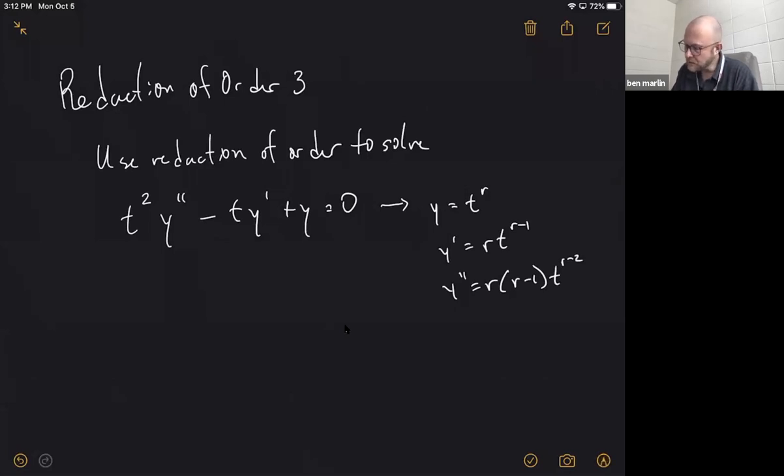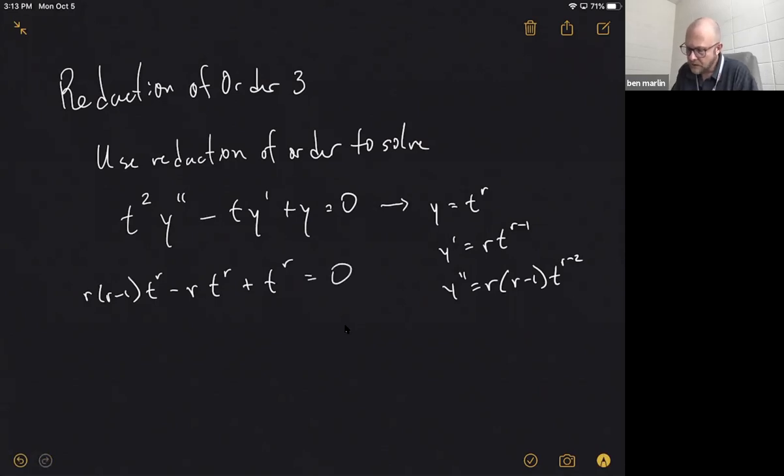And then when I substitute those in over here, I will end up with an r times r minus 1 t to the r, minus an r t to the r, and plus a t to the r, like that.